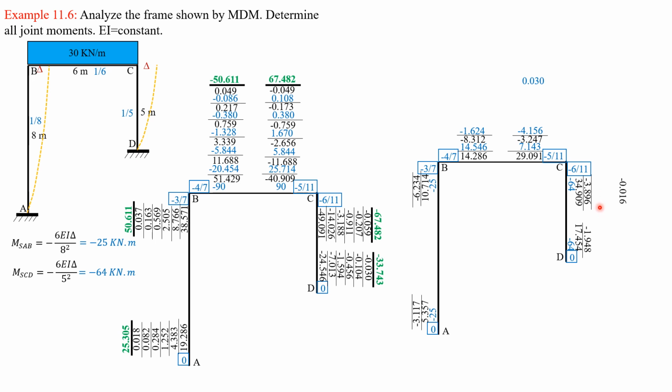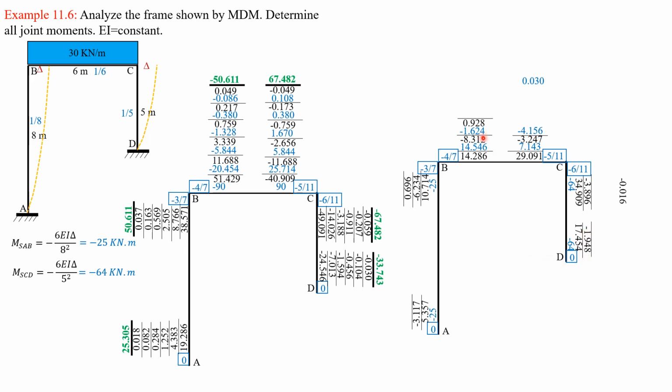Then carry over, so supposedly it's 0 there, but I'm not showing it. Negative 6.234 divided by 2, put it here, negative 3.117. Half of negative 3.247, negative 1.624, half of negative 8.312, negative 4.156. Then half of negative 3.896, put it here.